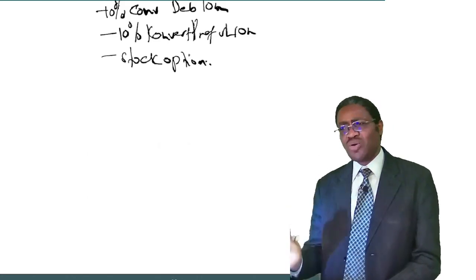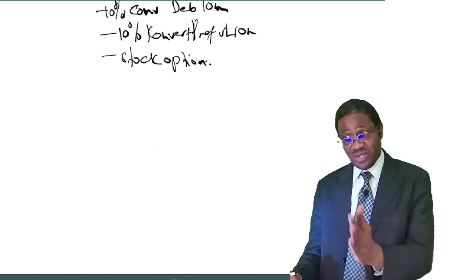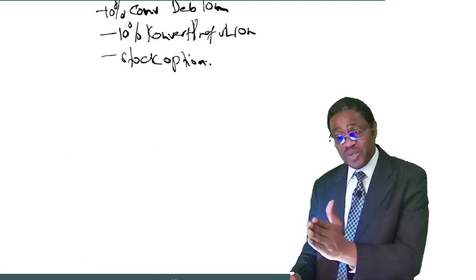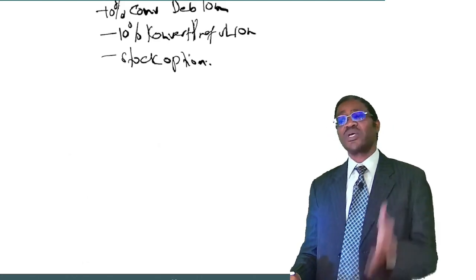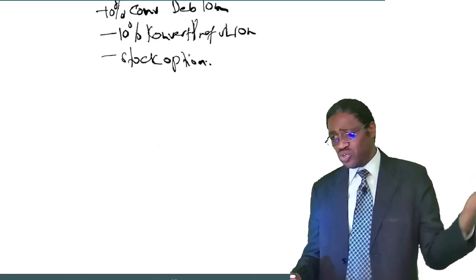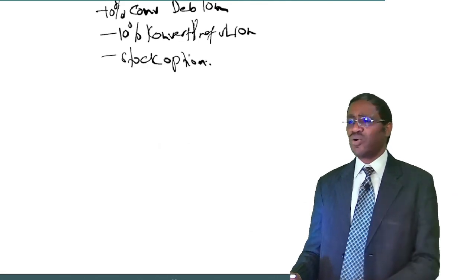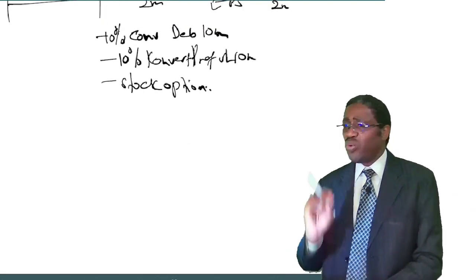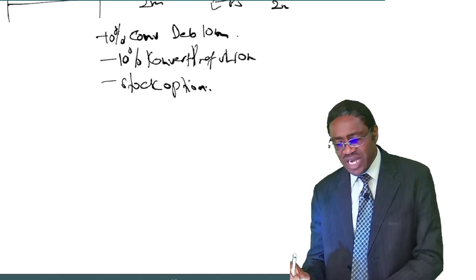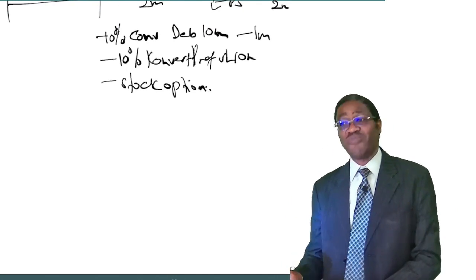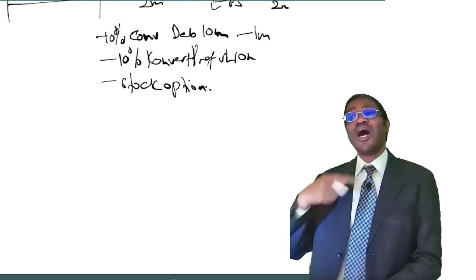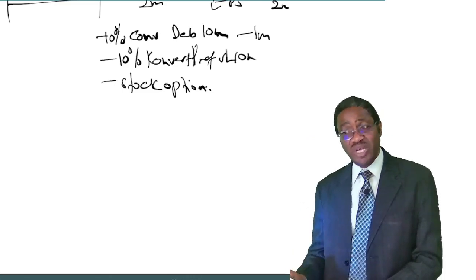So I'm assuming your company had, by end of the year, 10% convertible debentures worth 10 million. I am also assuming the debentures were issued many years ago and you had agreed with the debenture holders that anytime they want to convert their debentures into ordinary shares, you will give them 1 million shares.